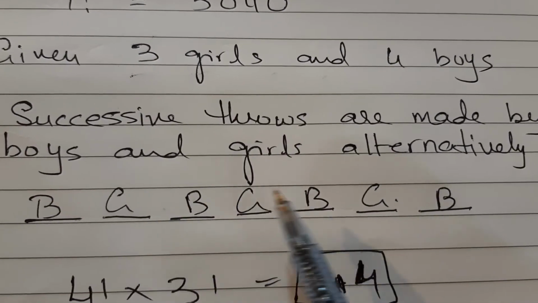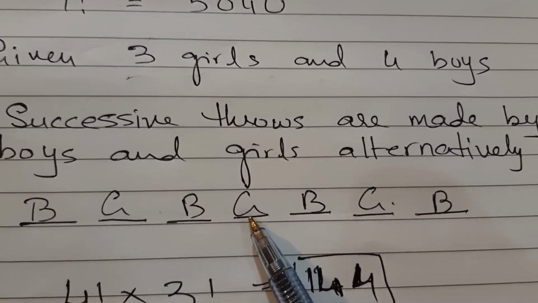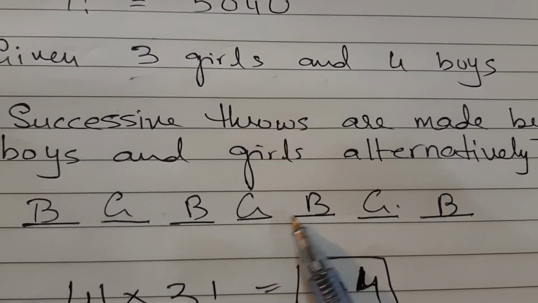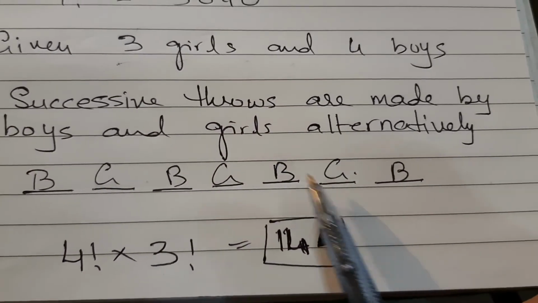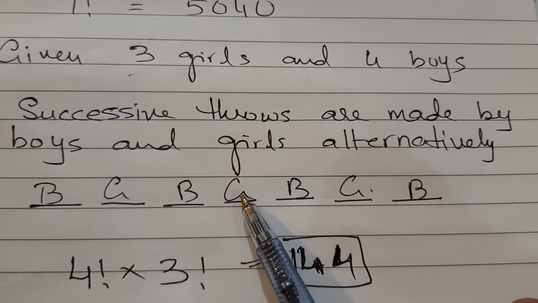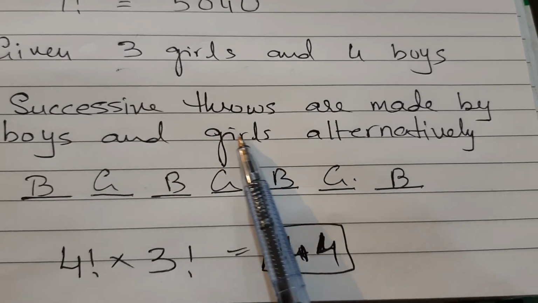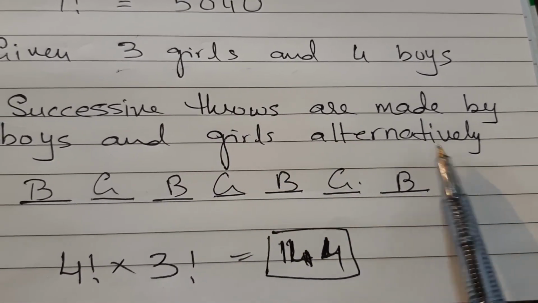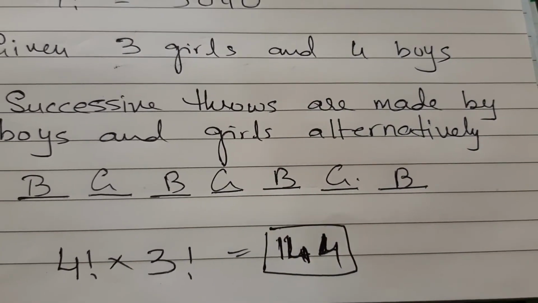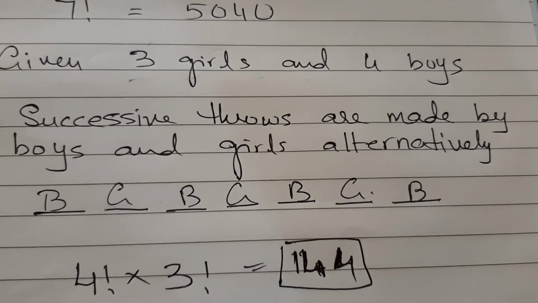Similarly, these positions, 2nd, 4th and 6th, are fixed for girls. But which girl will come here out of 3? So 3, then 2 and then 1. So it is 3 factorial. So when you are doing successive throws made alternately by boys and girls, it will be 4 factorial into 3 factorial.